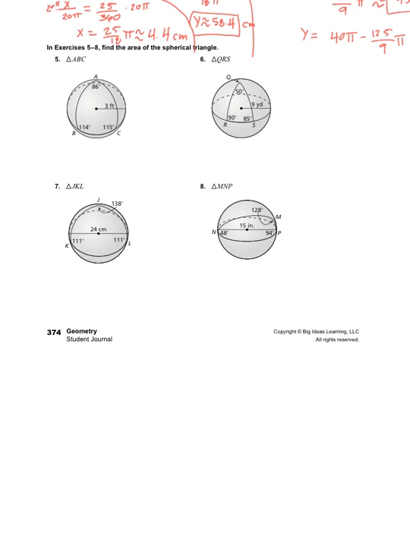Alright, so let's look at questions 5 through 8. Questions 5 through 8 ask us to find the area of the spherical triangles. So we're just simply going to use the formula that they gave us.